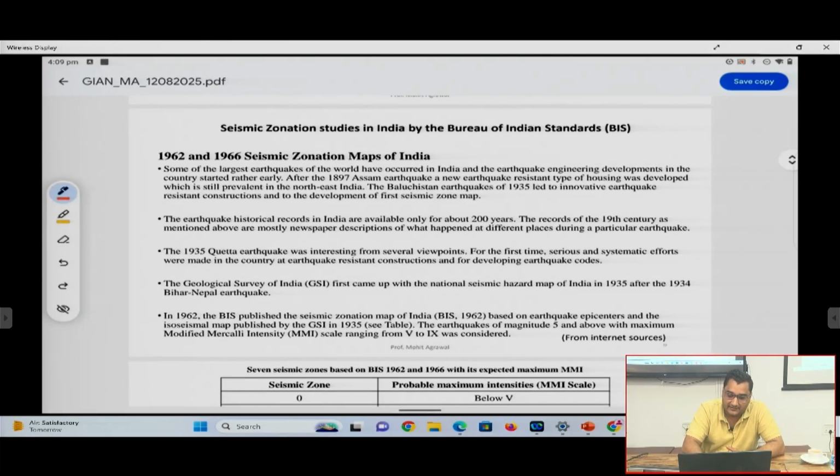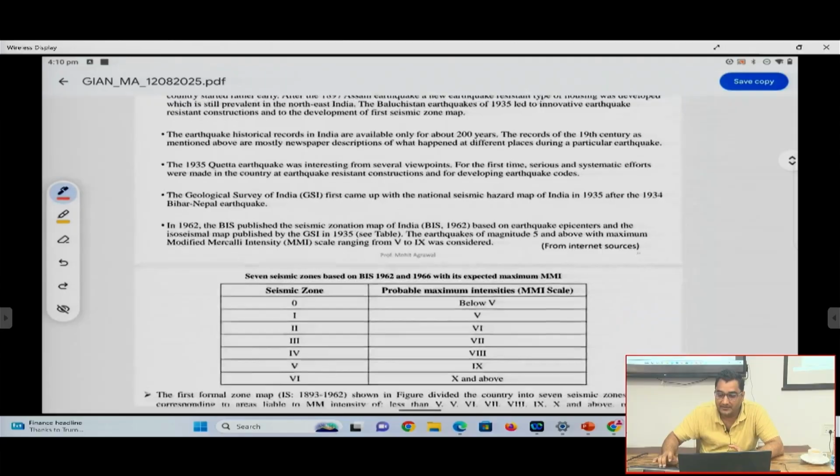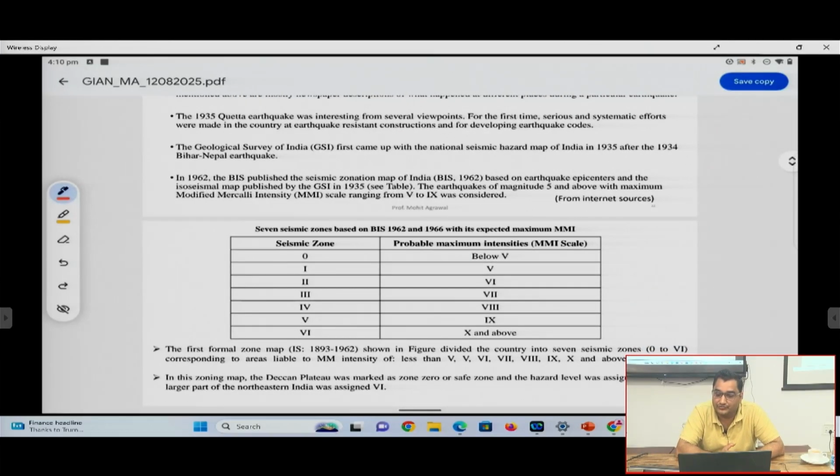Okay, in 1962, the Bureau of Indian Standards published the Seismic Zonation Map of India, also called BIS 1962, which is mostly based upon the earthquake epicenters and isoseismal maps published by GSI in 1935. If you look at this particular zoning, they considered 7 seismic zones, starting from 0 and going up to Roman numeral 6, based upon the modified Mercalli intensity scale.